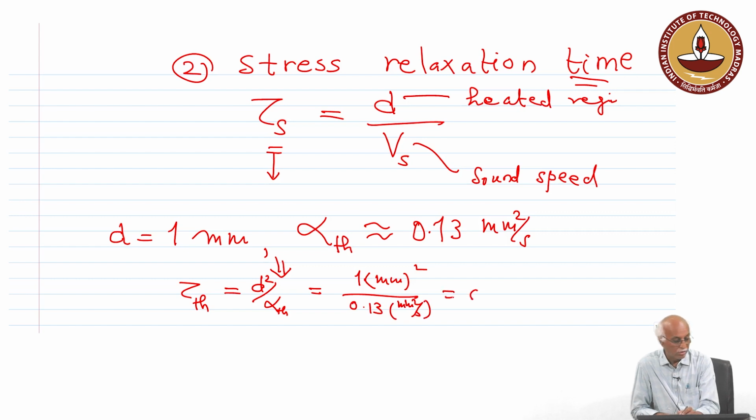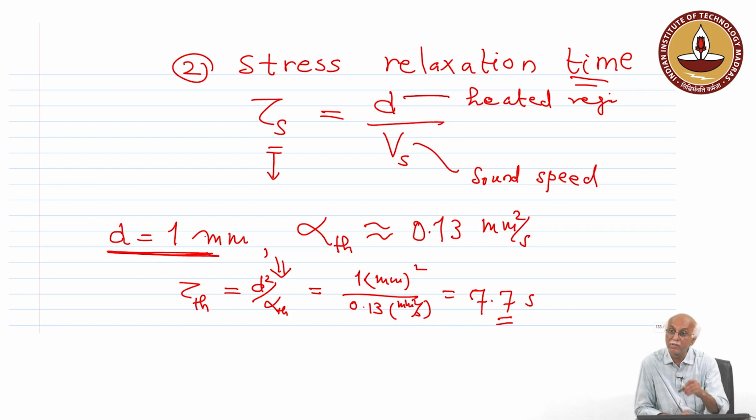So it is around 7 to 8, 7.7 seconds, approximately. So when a single pulse interacts with the material, and the heat diffusion is of the order of 1 millimeter in the tissue, the thermal relaxation time is very long, 7 seconds or so.